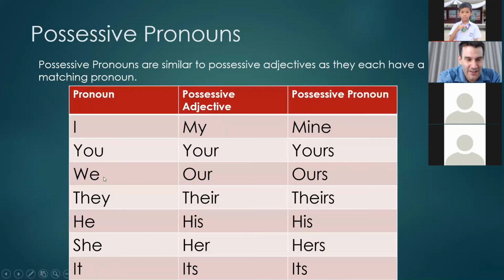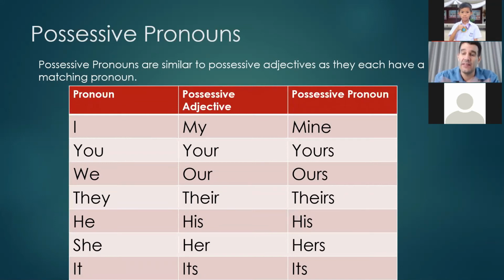All right. So now we will talk about possessive pronouns. They are similar to possessive adjectives. As you can see, they all have a matching one. I, my, mine. This one is different. My will change to mine. But the other ones, you just add an s. So you, your, yours. We, our, ours. They, their, theirs. He, his.